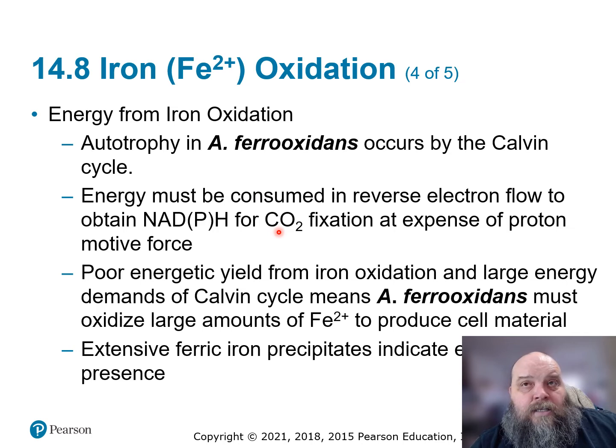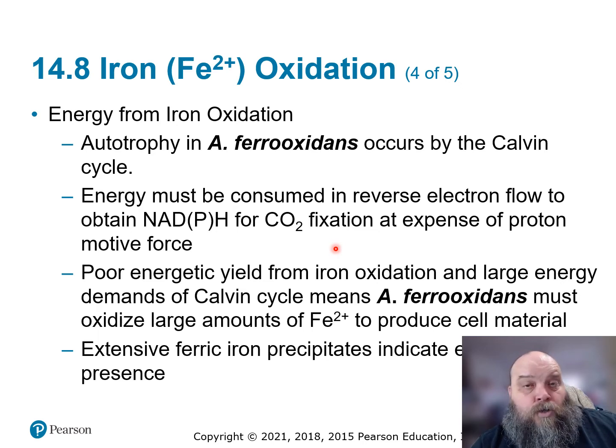Now, the NADH and the ATP that were just made, those are not for the normal, quote-unquote, cellular metabolism. No. What they're for is the Calvin cycle, taking gaseous carbon dioxide and fixing it via CO2 fixation to make short-chain sugars.